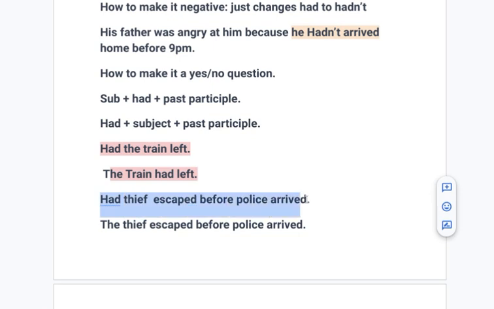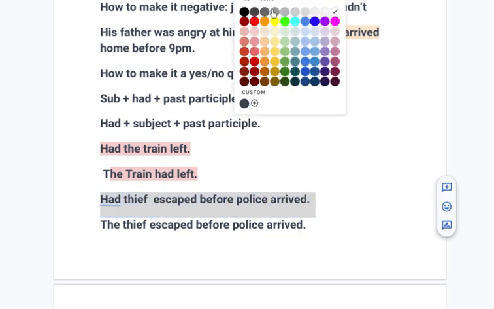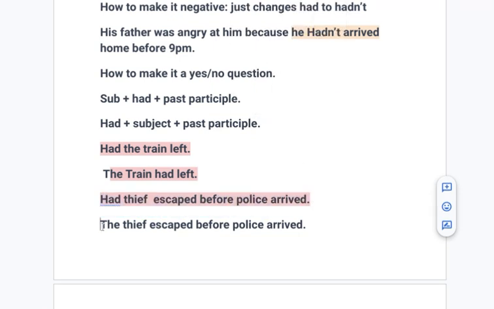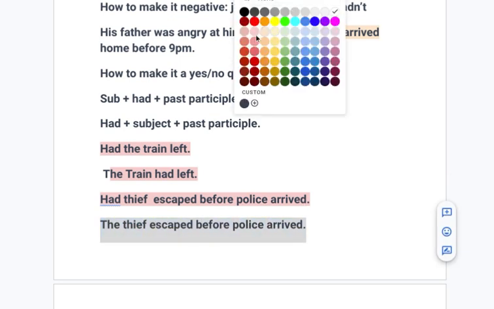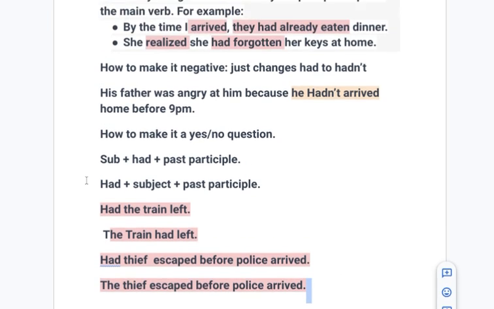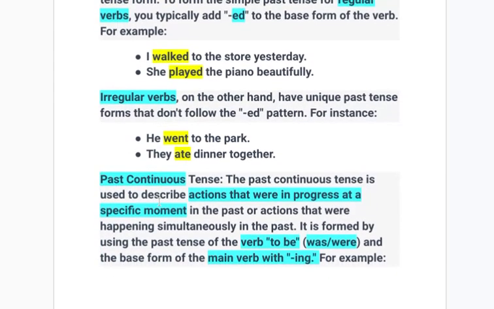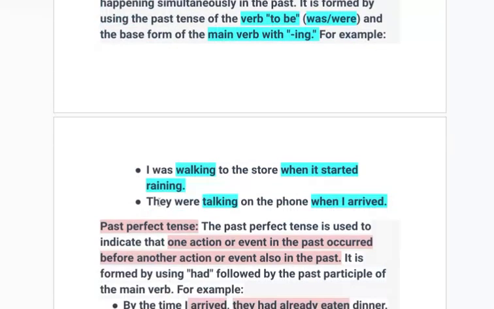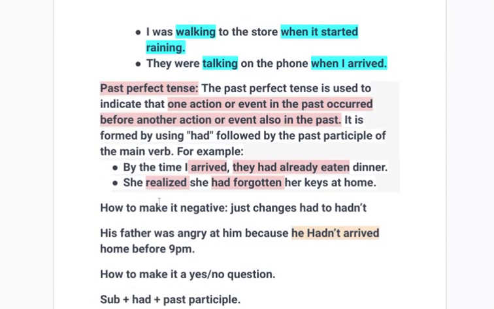Had the thief escaped before the police arrived? The thief had escaped before the police arrived. So you see, what's the difference between the regular past perfect tense and the yes no question one and negative past perfect tense? So I hope that you understand what this all past perfect tense is about.